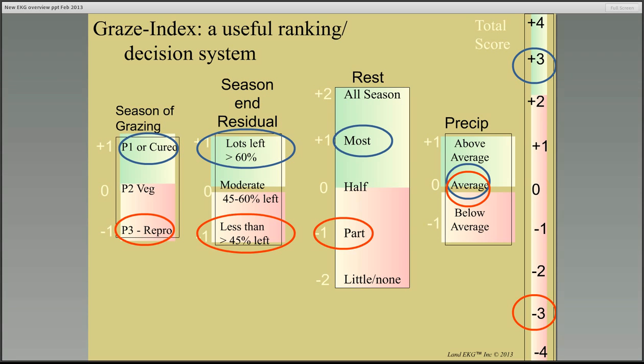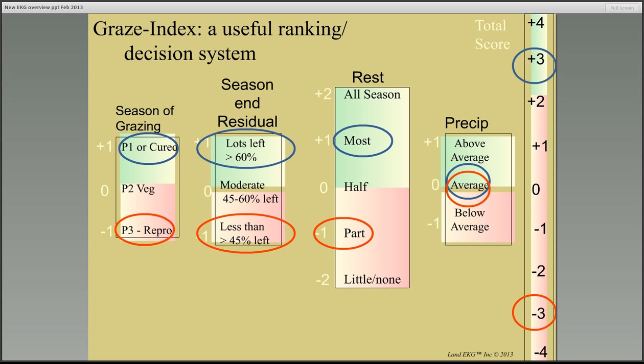Relative to science, they've pretty well determined that there's more stimulation and less damage on plants if they're grazed early or late than if they're grazed during a reproductive state. I'll qualify that with the fact that most of the time this would be on native landscapes.